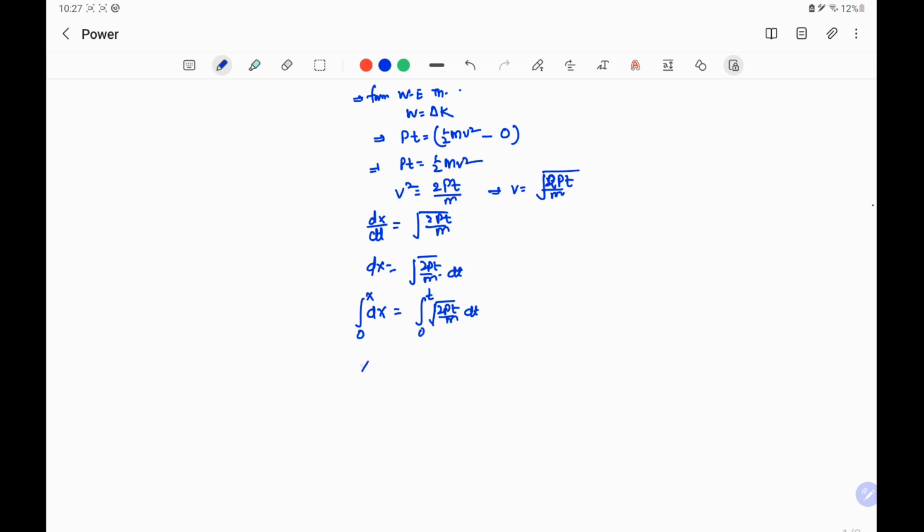So on left hand side we will have x with limits 0 to x, and it is equal to, here root 2P by m is constant, so it is taken out of the integral, and remaining is integral of 0 to t and root t dt.